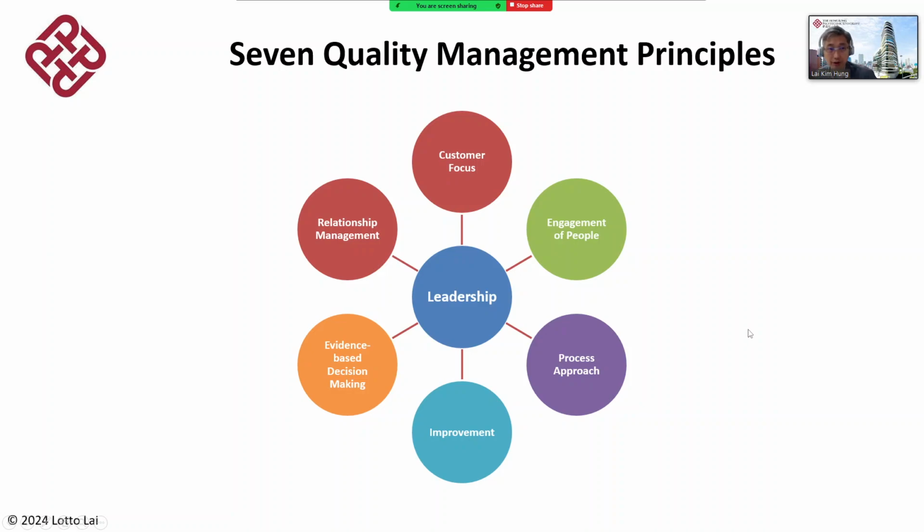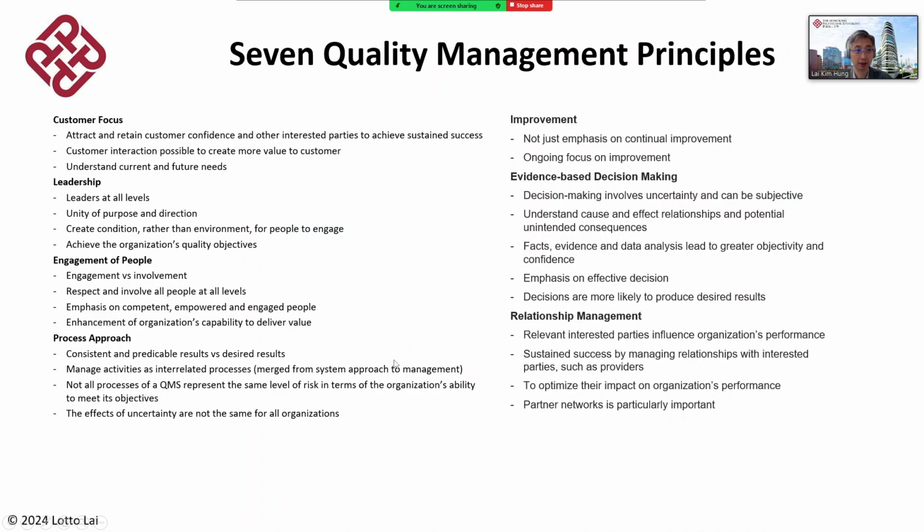Now, I introduce the seven quality management principles: leadership, customer focus, engagement of people, process approach, improvement, relationship management, and evidence-based decision making.